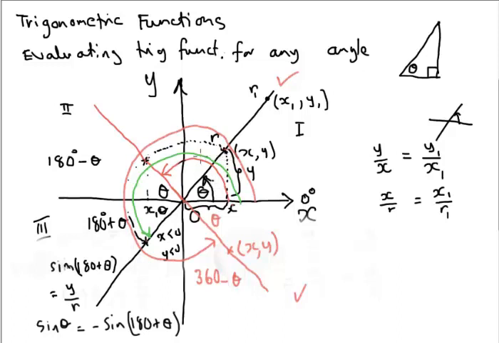Even if you chose to use maybe a radius here of 1, the ratios will stay the same. So now, at this point, I hope everybody is aware that you can define cosine, sine, tan for any angle independent of a right angle triangle. Is that clear, guys? Is that clear?